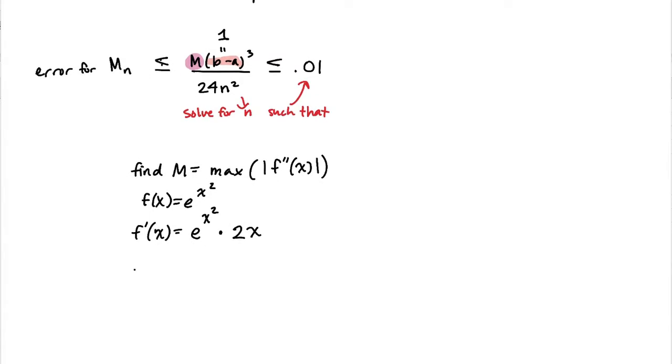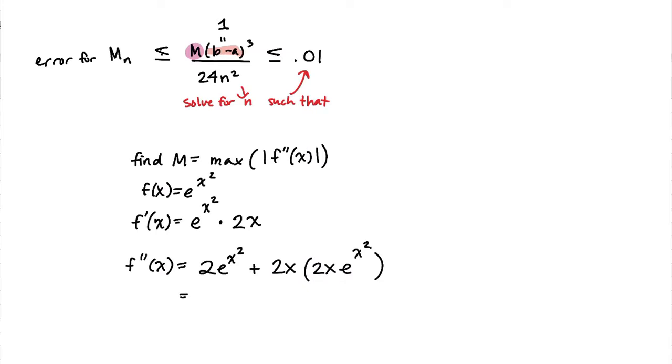Now we have a product rule happening. I take the derivative of 2x, which is 2, times e to the x squared, plus 2x times the derivative of e to the x squared, which is, again, 2x e to the x squared. There's my second derivative. When I simplify that, I get 2e to the x squared times 1 plus 2x squared.